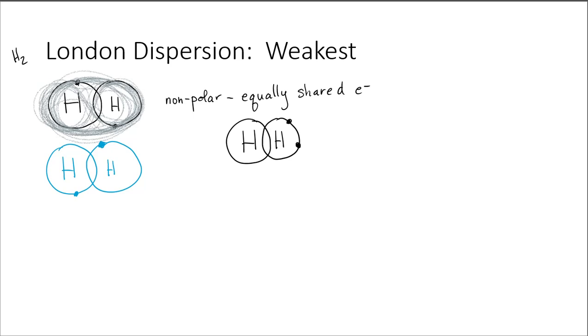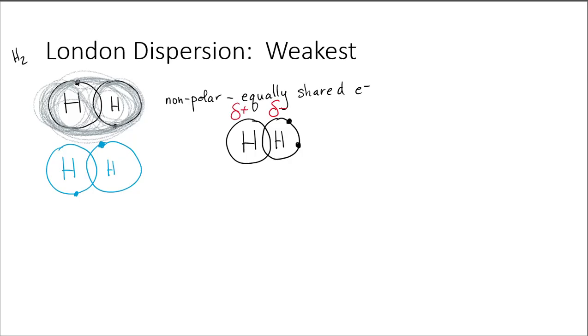What if at one given instance they're located there? It is instantaneous, okay? As soon as they both land on the same side, they're going to move again. It is instantaneous, but it absolutely can happen just by the laws of probability. It can just so happen that those electrons in that instant are on the right-hand hydrogen. In that instant, that right-hand hydrogen has a partial negative charge.